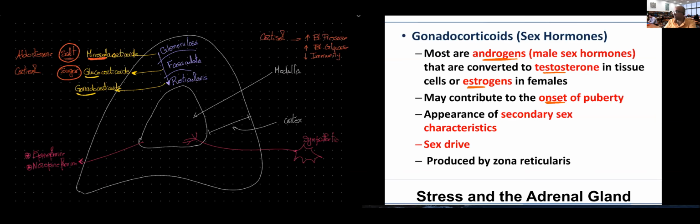And those will play a very important role in the onset of puberty and the appearance of the secondary sex characteristics, like in females, the fat distribution, the development of the breast, the voice, the hair, also in males, the facial hair, pubic hair, deepening of the voice, increasing the muscle bulk, increasing the density of the bones.